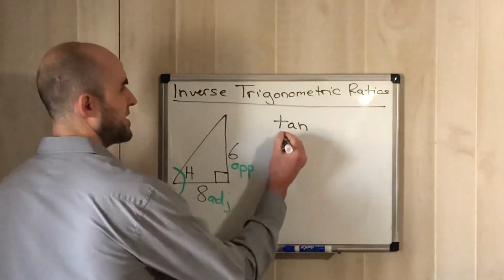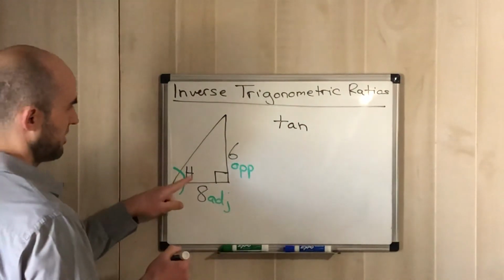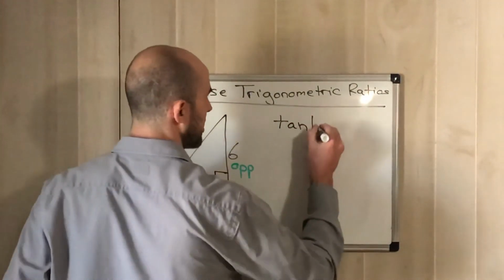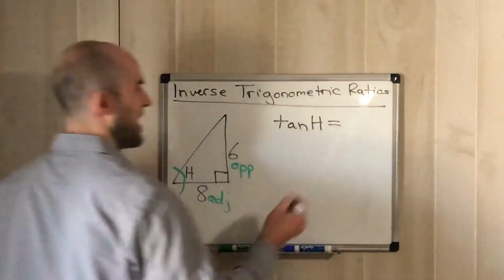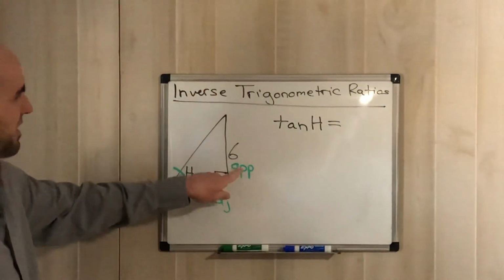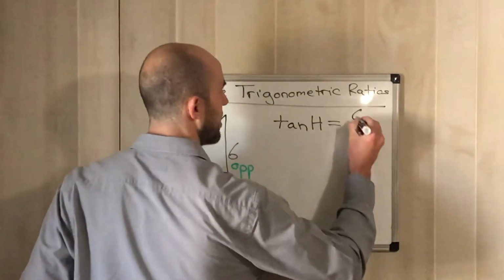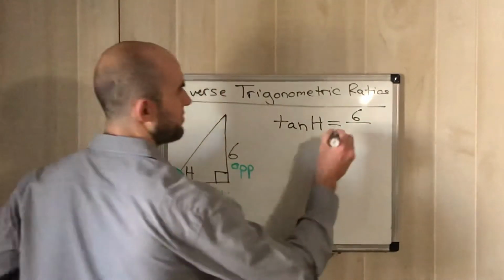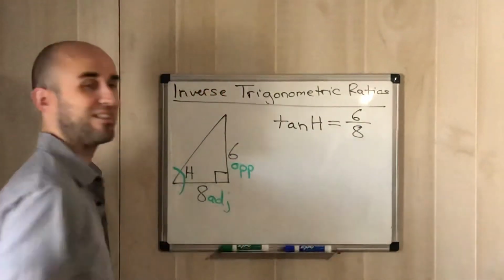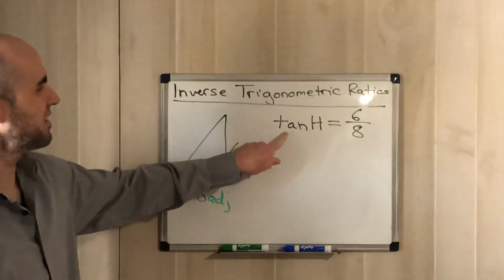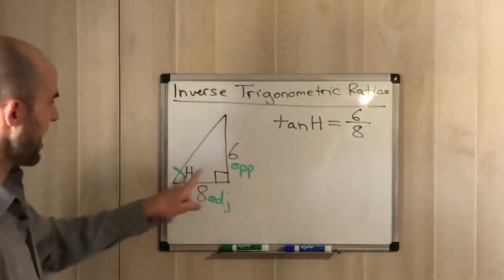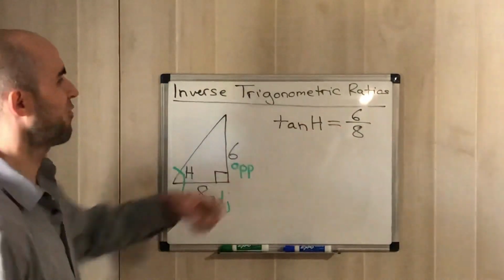So setting it up, it's going to be tangent of angle. Angle is h equals, and now set up the trig ratio, right? It'd be opposite over adjacent, so it'd be 6 over 8. Okay, all I did, I just set it up, right? We use tangent, whatever the angle is, in this case the angle is h, and then opposite over adjacent.